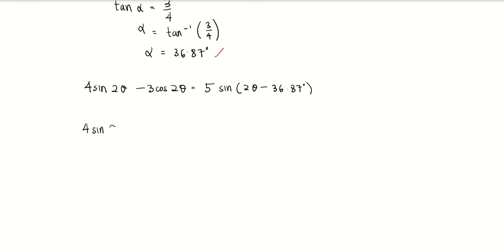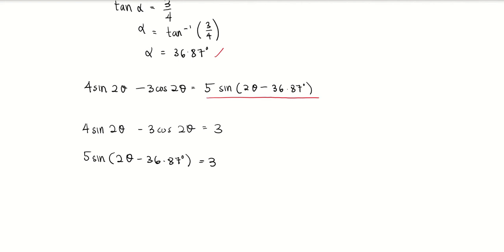To solve this, I write down the equation first: 4 sine 2 theta minus 3 cos 2 theta equals 3. And we know that 4 sine 2 theta minus 3 cos 2 theta is equal to 5 sine (2 theta minus 36.87). So we can substitute that here: 5 sine (2 theta minus 36.87) equals 3.